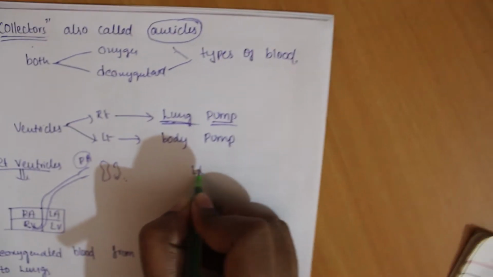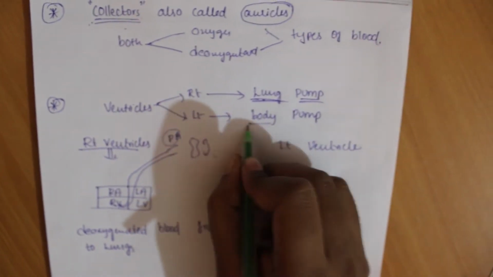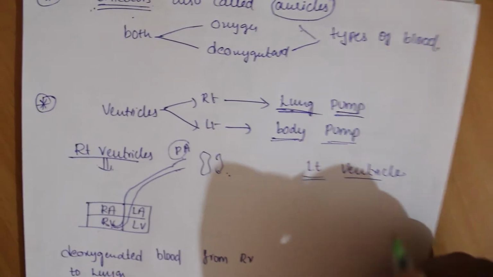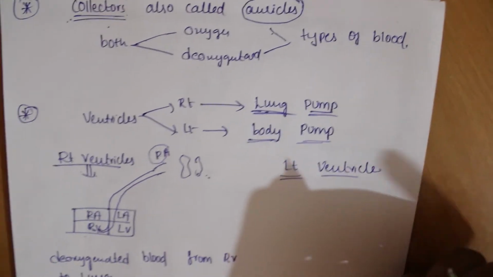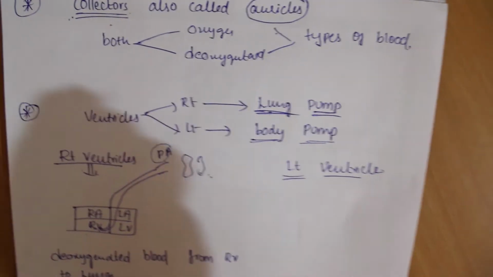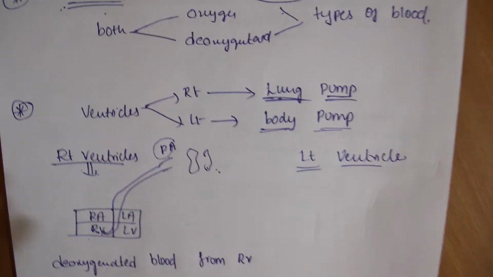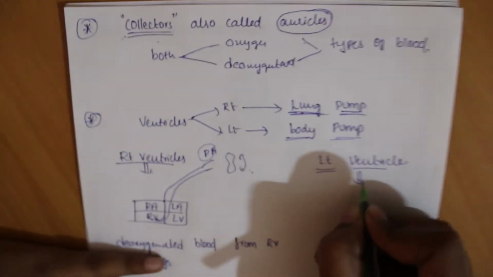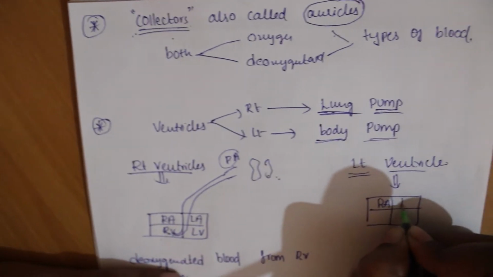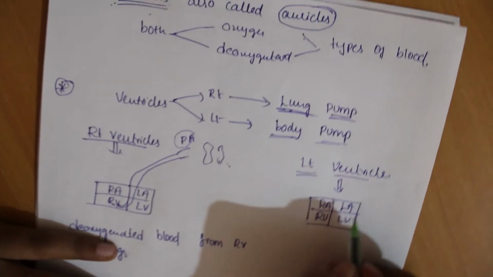Now move on to the left side, that is the left ventricle. Why is it called the body pump? The oxygenated blood collected from the lungs enters into the left auricle. From the left auricle to the left ventricle, the whole chamber fills. This is a rough diagram of the right auricle, left auricle, right ventricle and left ventricle.